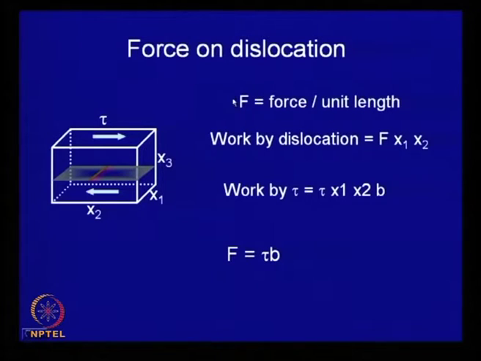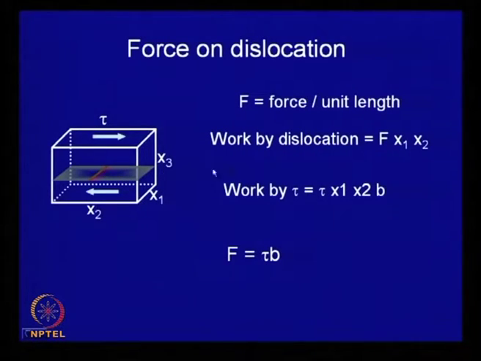Then we can find out the force required to move the dislocation over the slip plane, maybe from here to here. This dislocation lies along axis x 1, so its length is x 1.